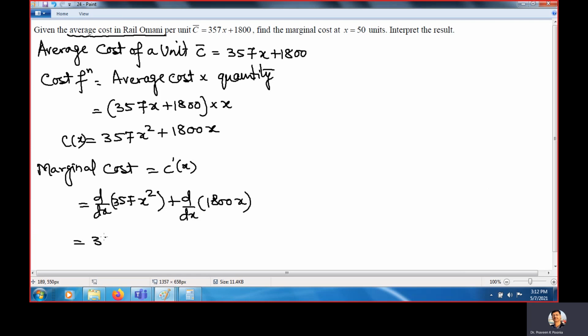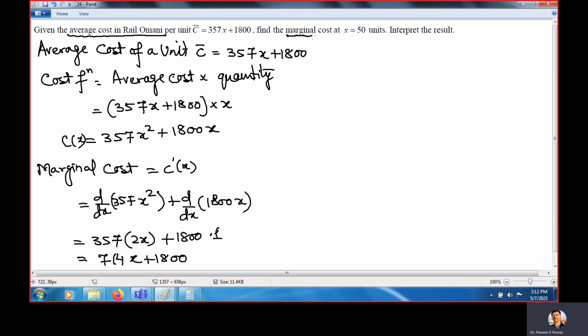And how much is it? 357 x 2x power 2 minus 1, so 2x, and plus 1800. Derivative of x is 1. So how much is it? It is 714 x plus 1800. This is marginal cost.